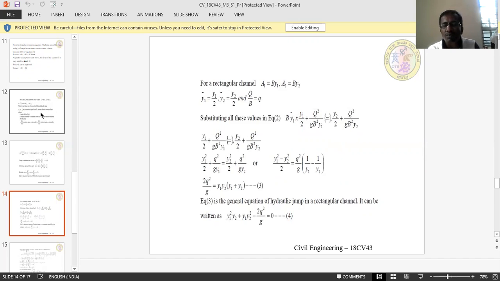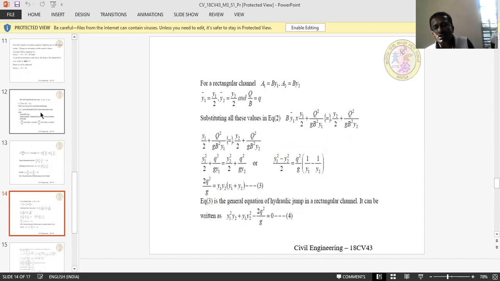Small q stands for unit discharge. Big capital Q stands for the discharge in the whole section, but small q is the discharge per unit width. It is capital Q by B, which gives the discharge per unit width.